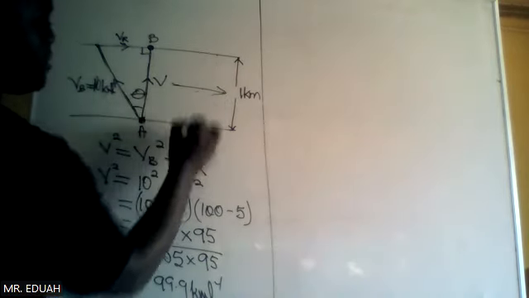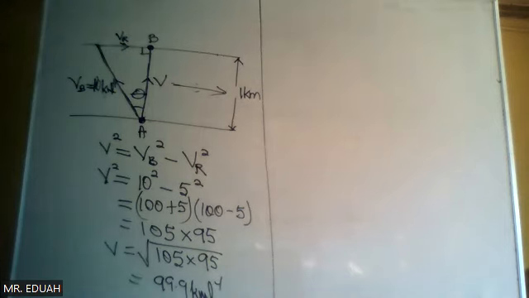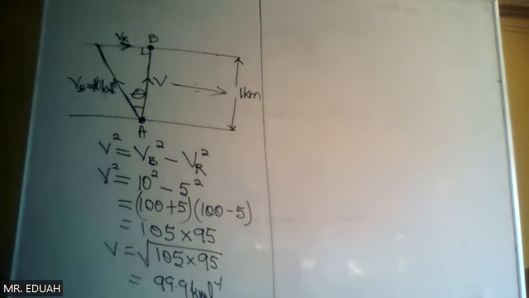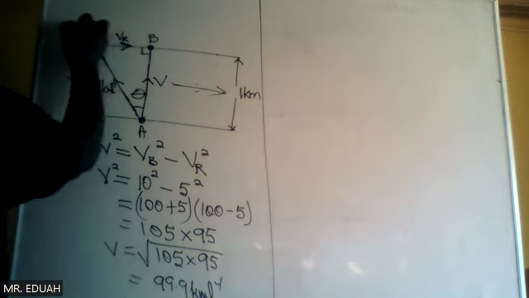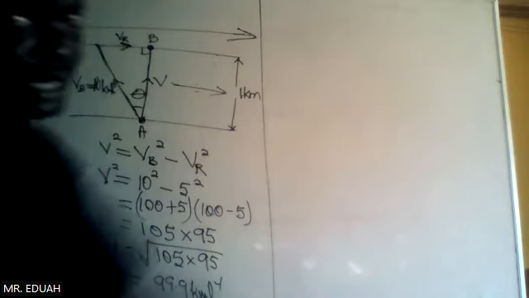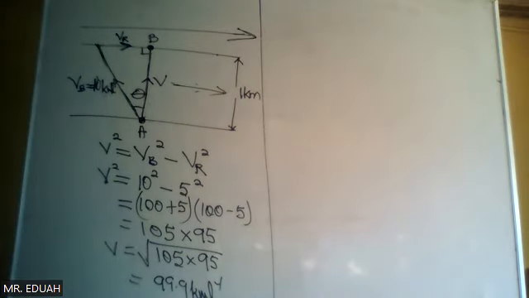And so this becomes the direction of the river. That's why we indicated that here. Are you okay? So the river flows like this, from left to right.